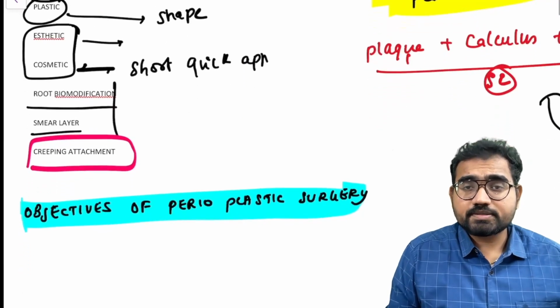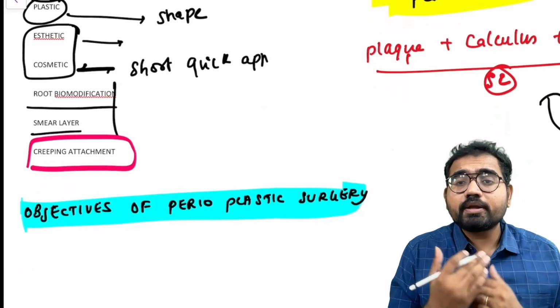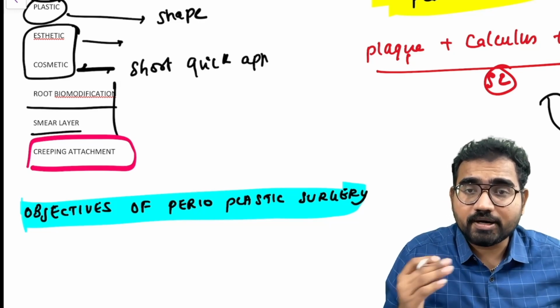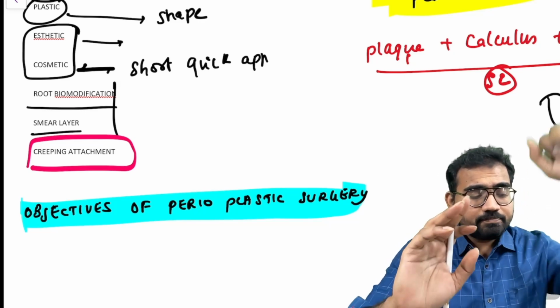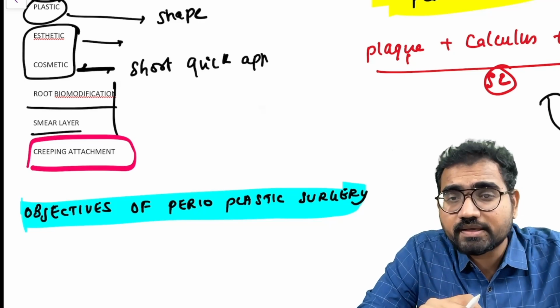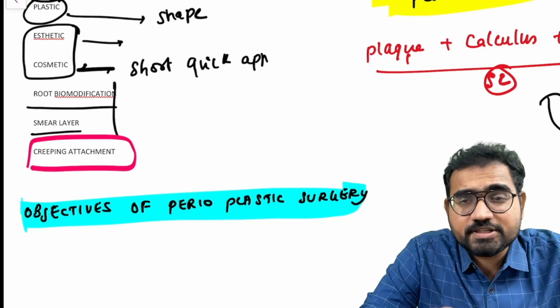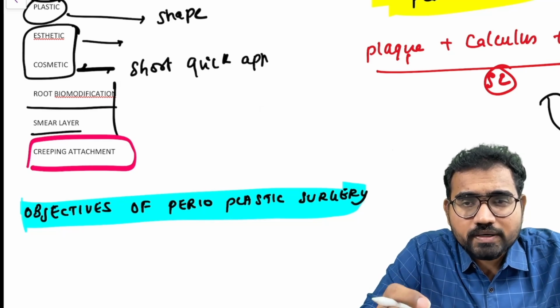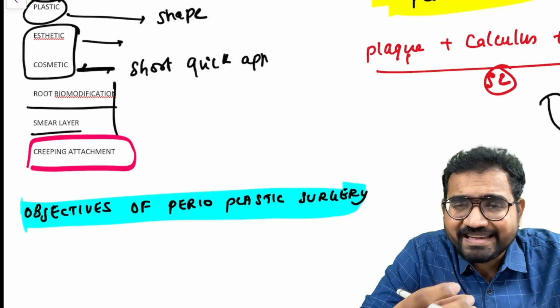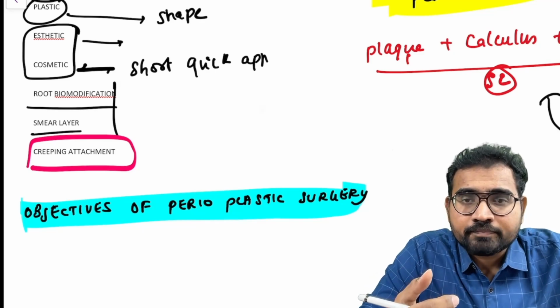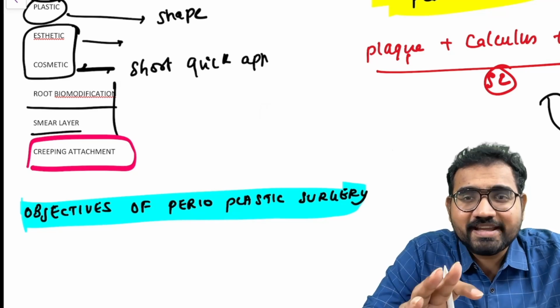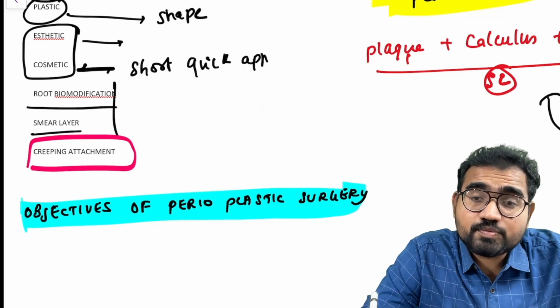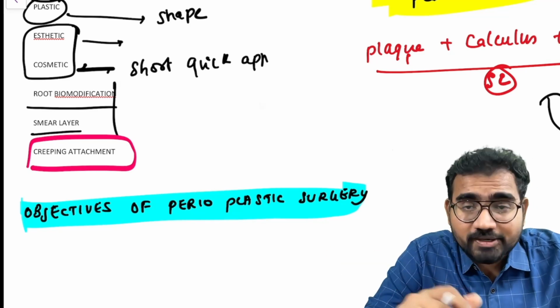Creeping attachment is the post-operative coronal migration of the gingival margin. In some patients, we would have seen mild gingival recession. Say, for example, a 20-year-old boy reports to the clinic with mild class 1 gingival recession in the lower anterior, say 3-1, and you just did a general scaling, and the next week he comes, it's perfectly normal.